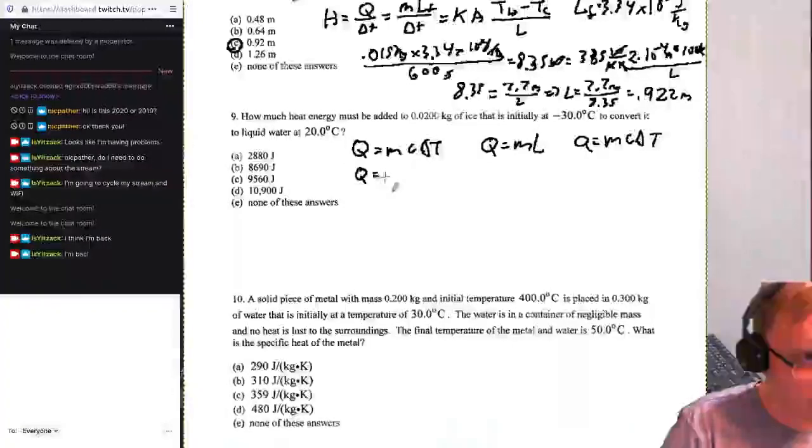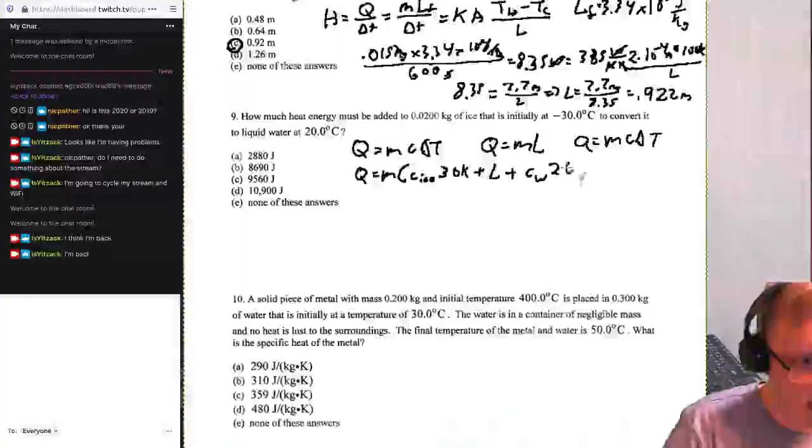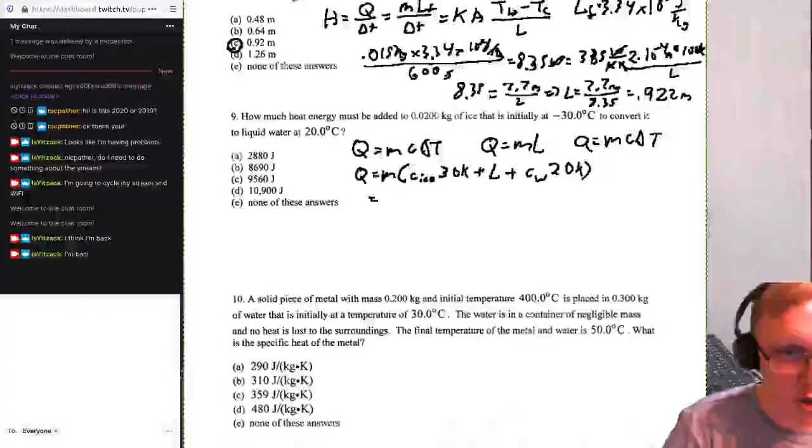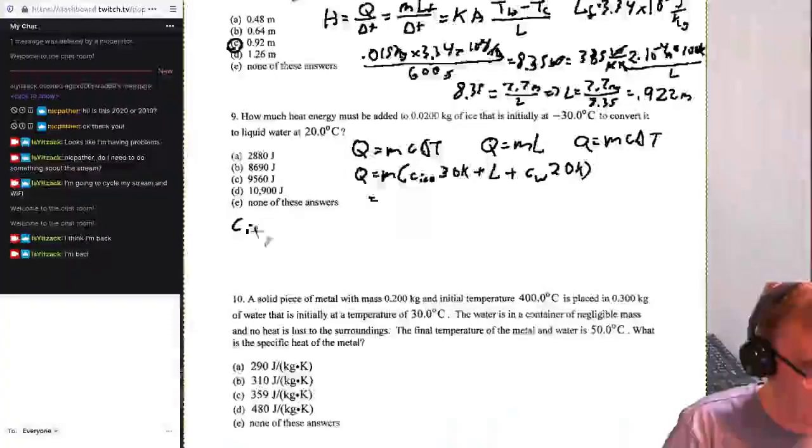So the Q in question is equal to mass times C of ice and 30 Kelvin to raise it, plus latent heat of fusion, plus C water and another 20 Kelvin to raise it even further. We already have latent heat of fusion up here, but I need the other two numbers: C ice and C water.